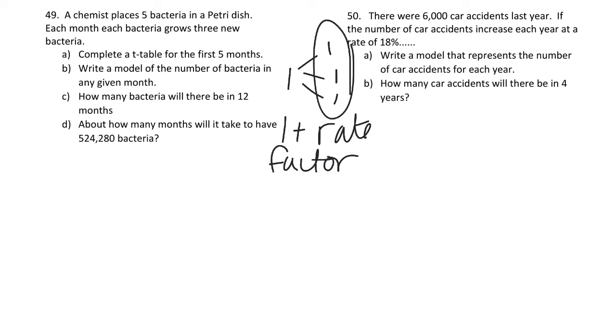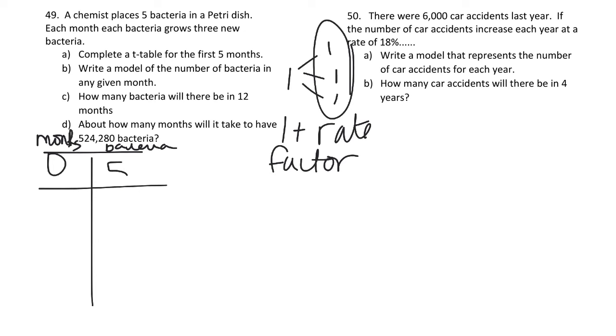So on our equation, I guess we could make a table. 0 months and bacteria. So there's 5 to start with. The growth factor is 4, so they multiply by 4 every time. So in 1 month there's 20.